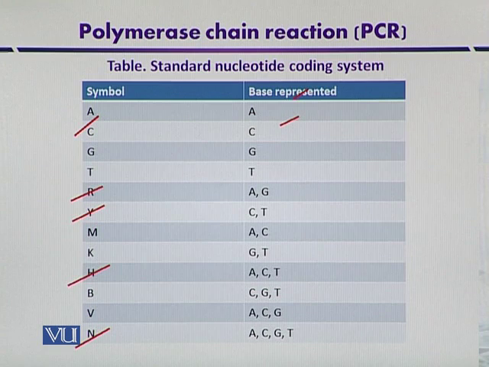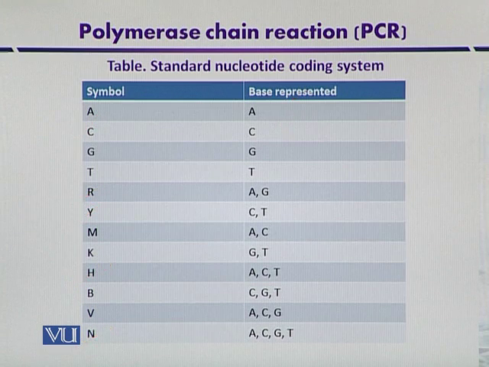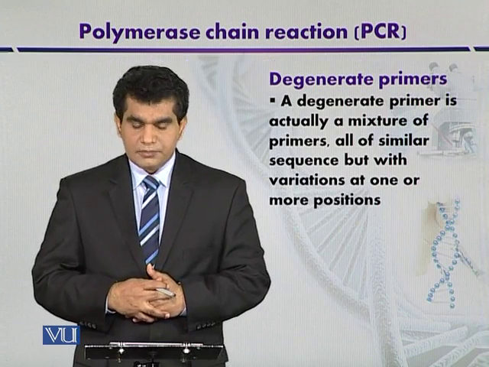So we have to synthesize 4 different fragments in order to cover the degeneracy of the genetic code. In this way it is a mixture of primers that is used for the in vitro synthesis of the DNA.